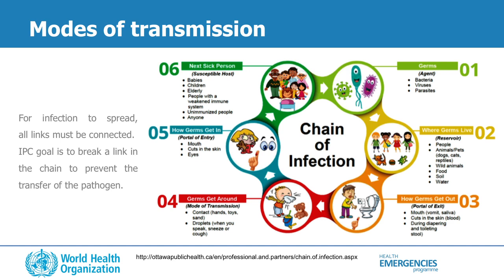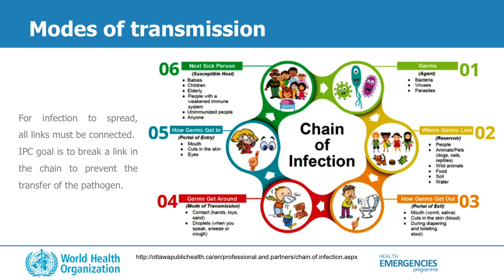The traditional epidemiological model holds that infectious disease results from the interaction of agent, host, and environment. More specifically, transmission occurs when the agent leaves its reservoir or host through a portal of exit, is conveyed by some mode of transmission, and enters through an appropriate portal of entry to infect a susceptible host.